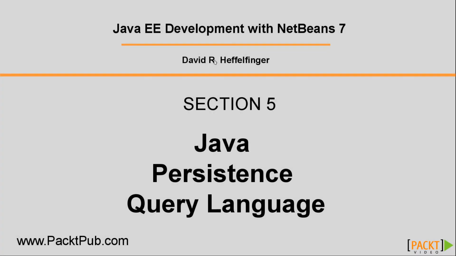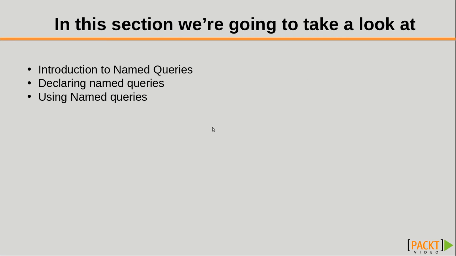Welcome back. In this section, we are going to talk about JPQL name queries. So what are name queries? Well, in most applications, we want to use JPQL queries multiple times. The normal way of using JPQL queries that we've seen before is to declare them as a string, and potentially we will have to declare the same string over and over.